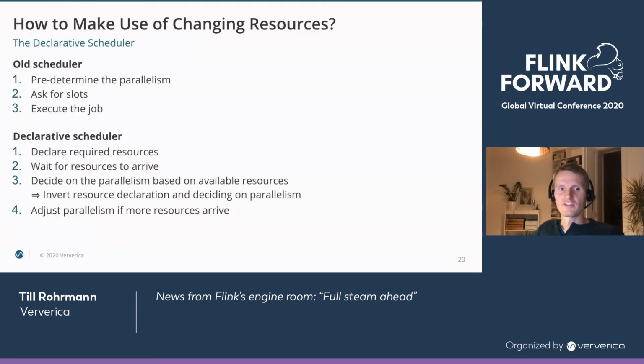At this point, we haven't decided on the parallelism yet, and this is important because we wait for the resources to arrive at the job master before we decide on the parallelism, and thereby we basically invert how the old scheduler did it. That way we can react to situations where we don't get everything we need. And last but not least, we need to adjust the parallelism if more resources arrive later.